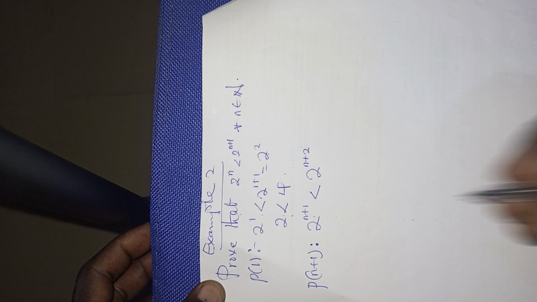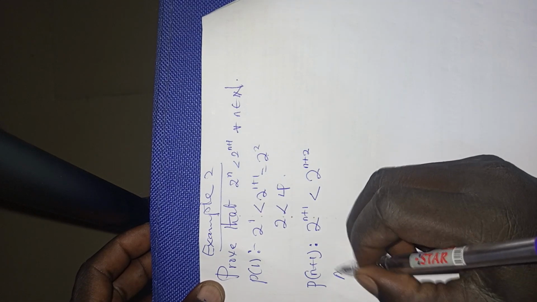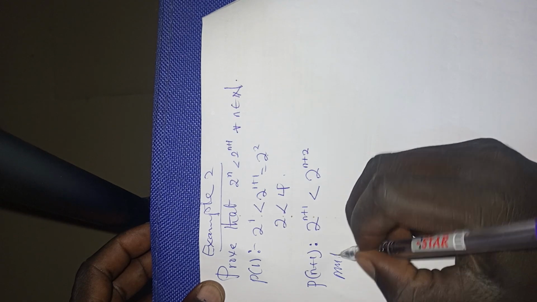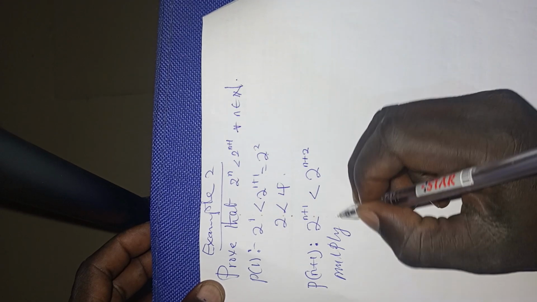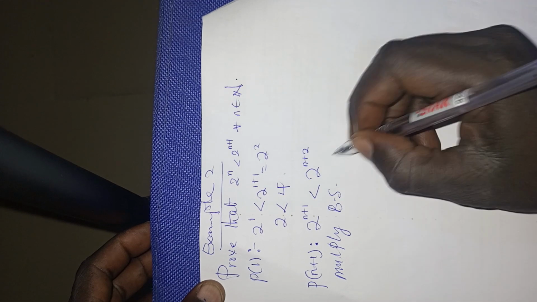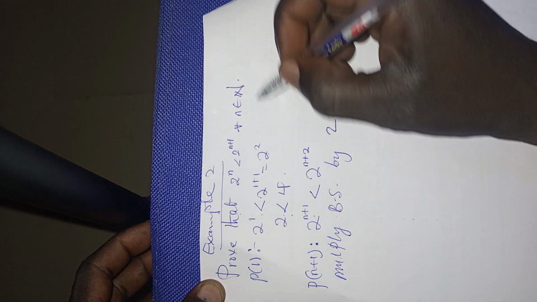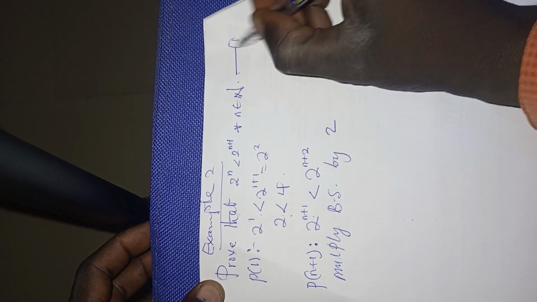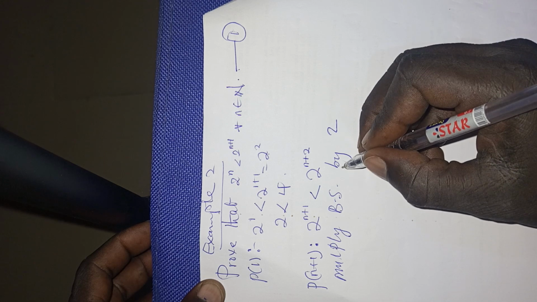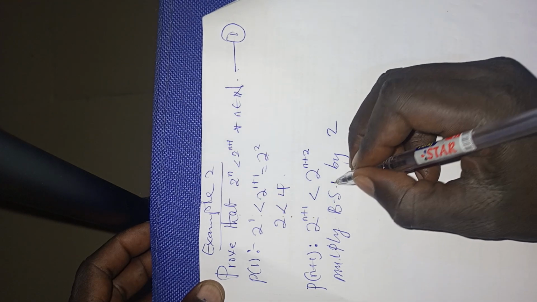And to prove this, we easily multiply both sides by 2. So if this is equation, let's say this is inequality 1, we multiply both sides of 1 by 2.